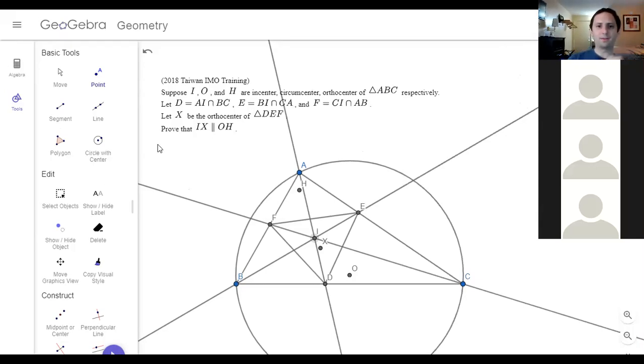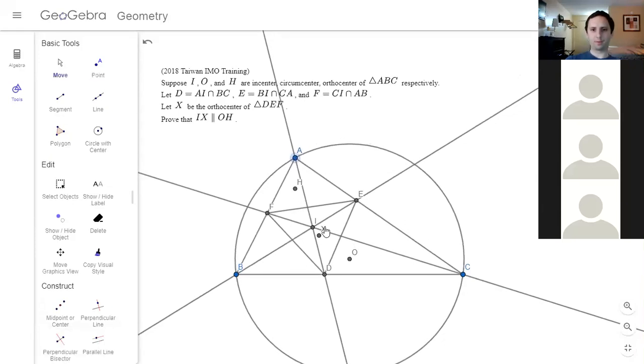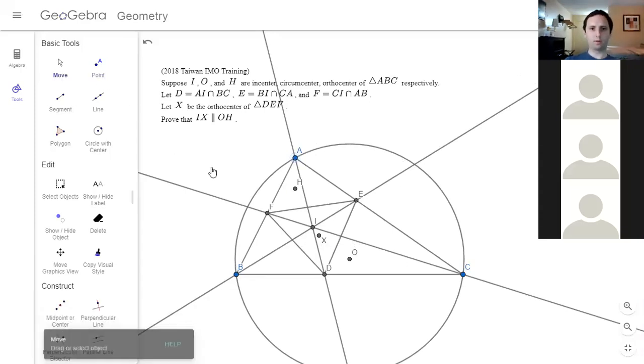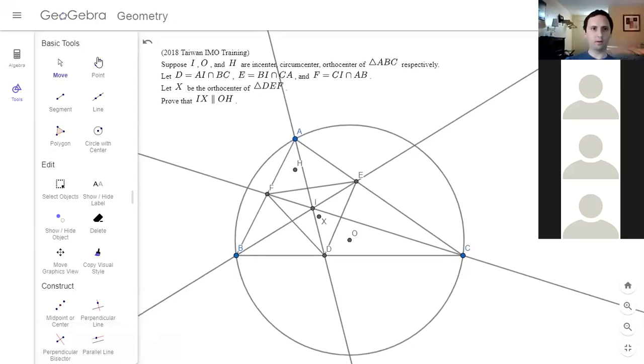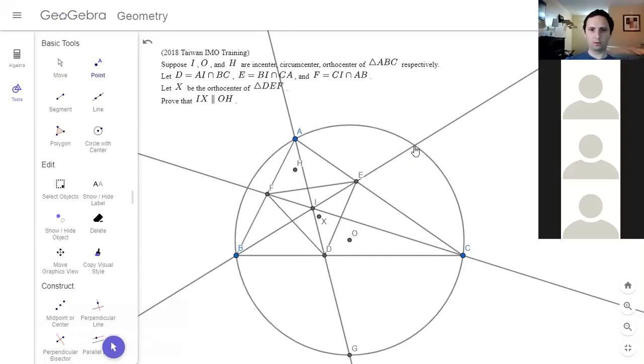It feels like some kind of homothety. So maybe I'll just draw the midpoints of those three arcs just for the heck of it. 1, 2, 3.